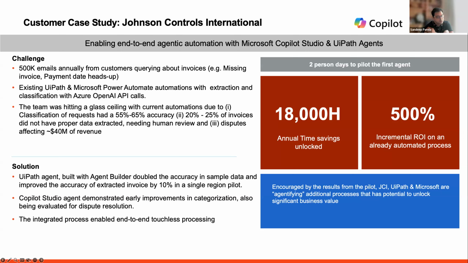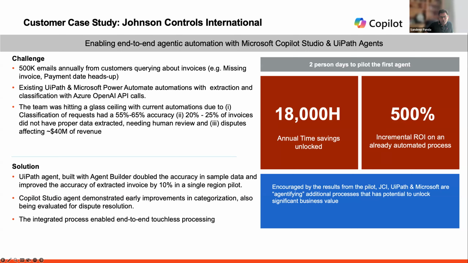In a single-region pilot, they saw a 10% improvement. They saw improvements from the Copilot Studio agent and categorization. The entire integrated process enabled end-to-end touchless processing, which was their goal. Overall, 18,000 hours in annual time savings.